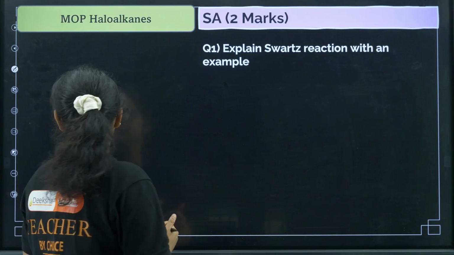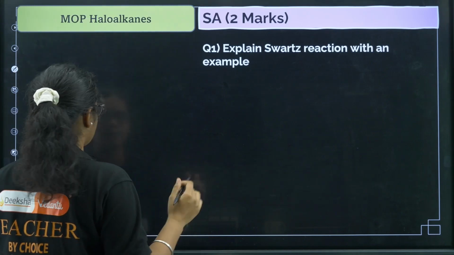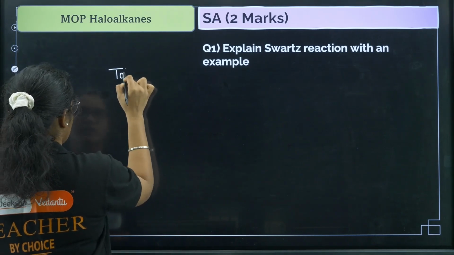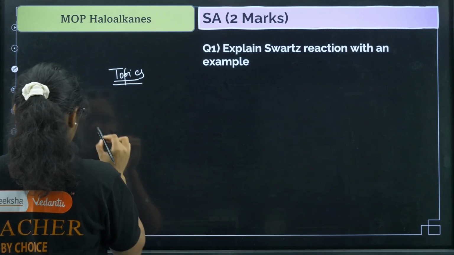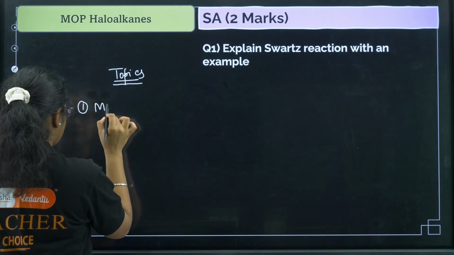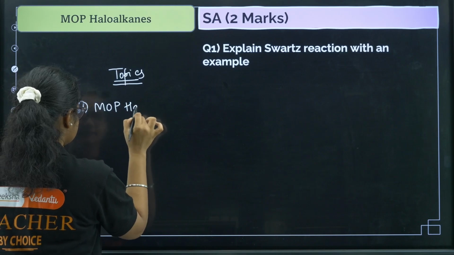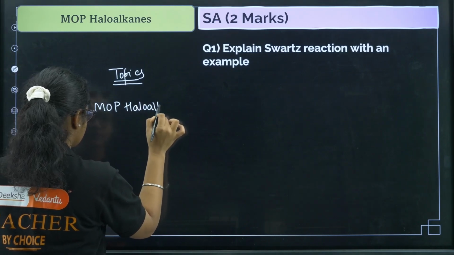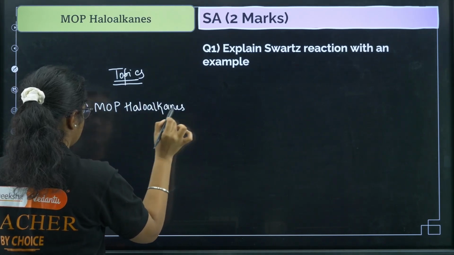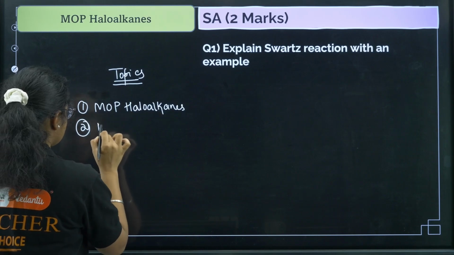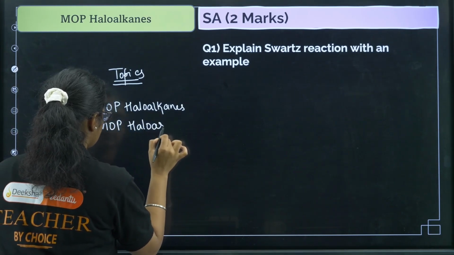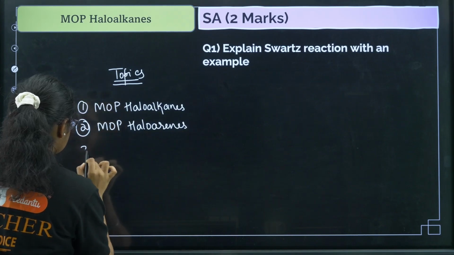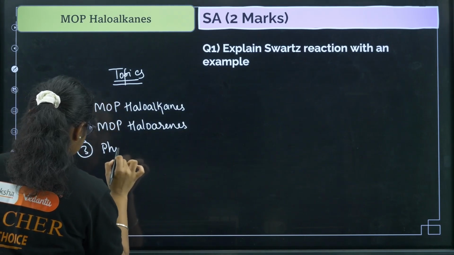Okay, if you see, I just want to discuss in brief what the topics in this chapter are. The first topic is methods of preparation of haloalkanes. Why am I discussing this? So that you can know where the questions can be asked. Second is methods of preparation of haloarenes. Next we have physical properties.